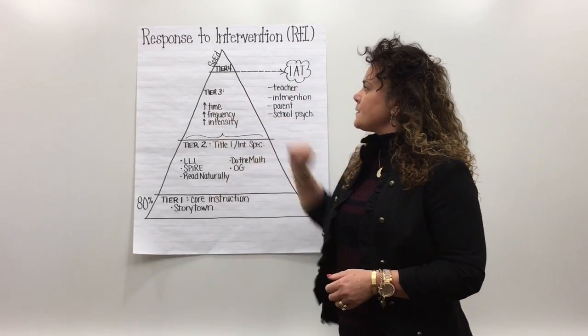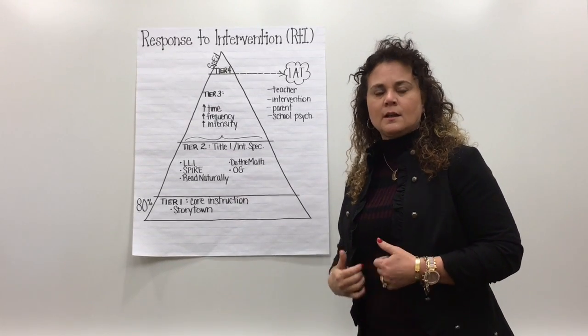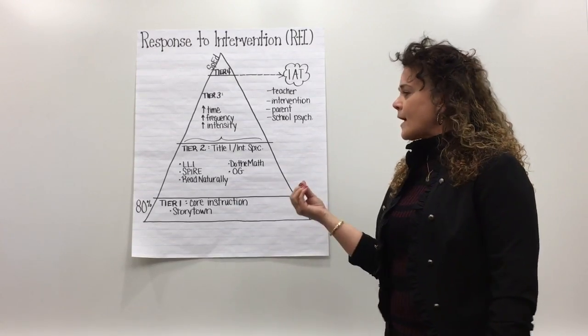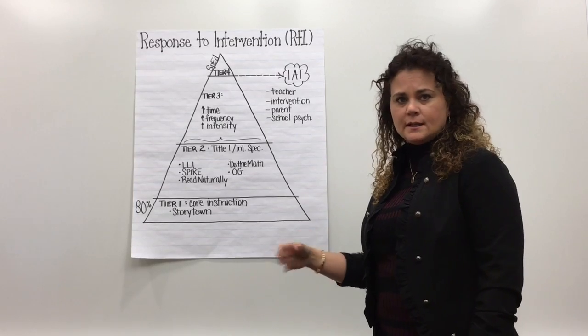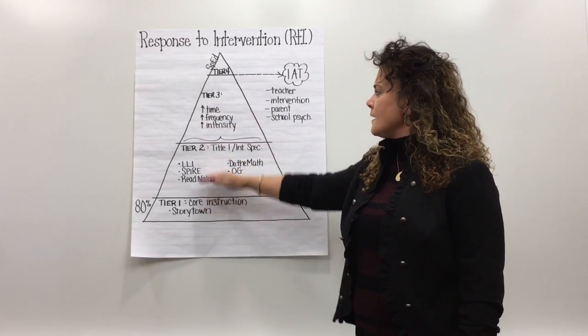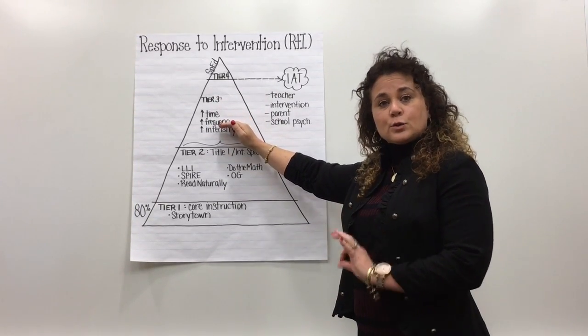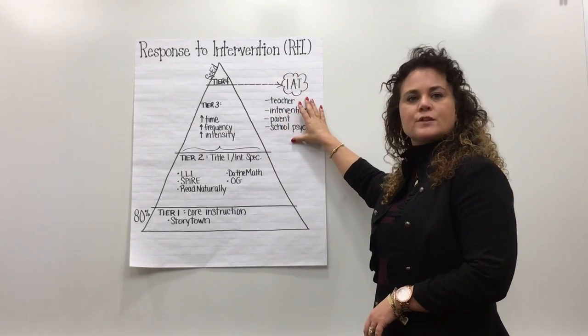IAT and RTI's purpose is to prevent testing for special education, not to promote testing for special education. But in that rare instance where the child is not progressing, even though all of these interventions have been put in place, the intensity, the frequency, the time is in place, and this person is still not progressing, you may then refer for testing.